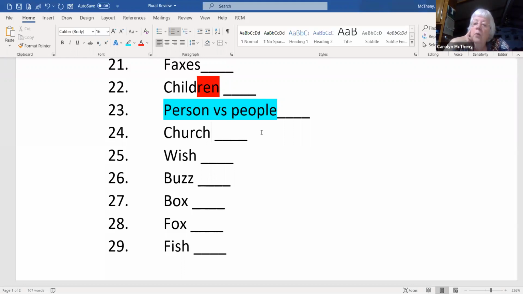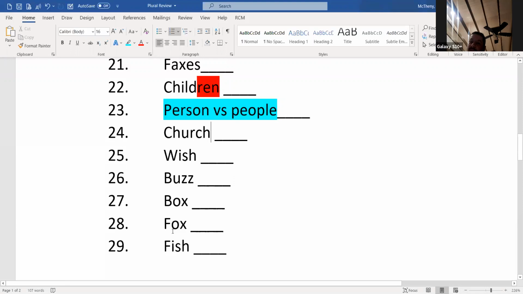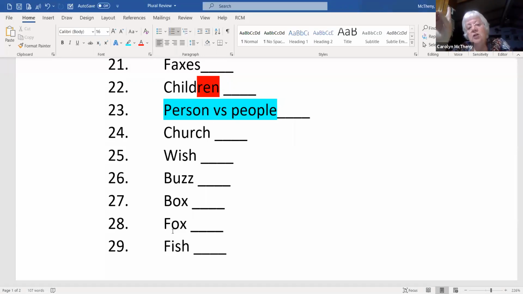To make it more than one? Do we just add S or do we add ES? Let's put an ES on there because it ends with CH.